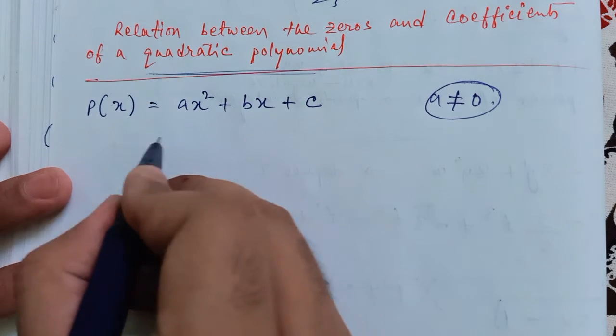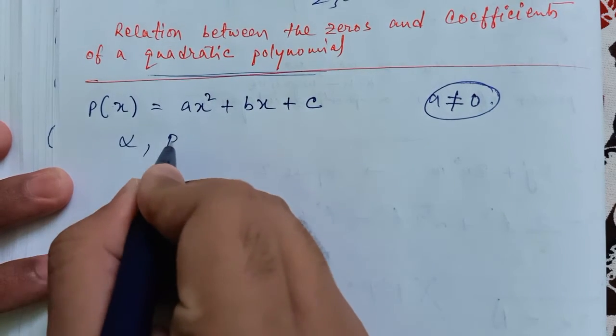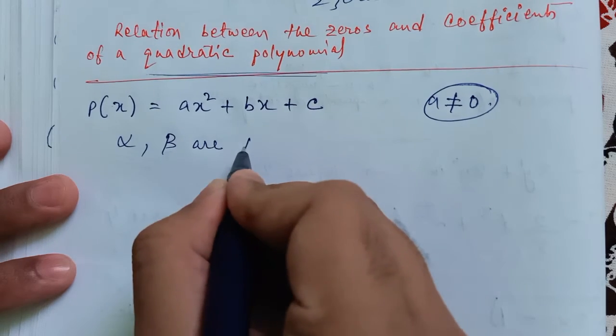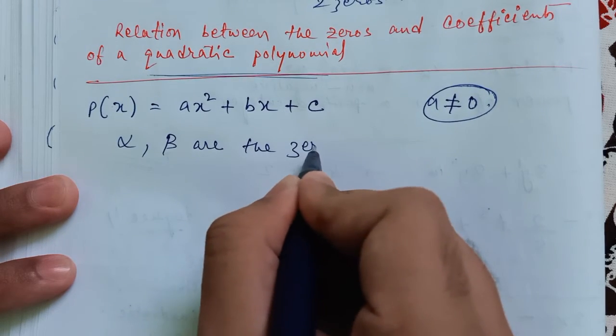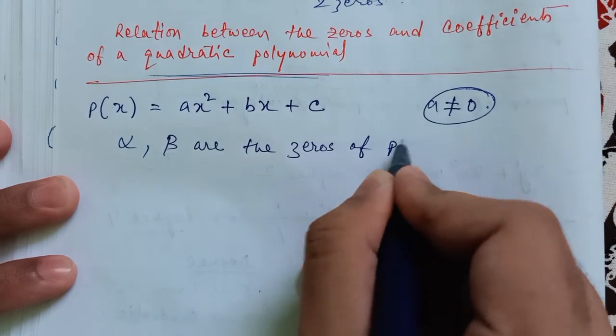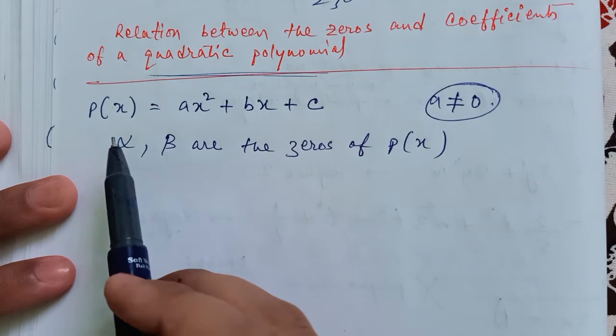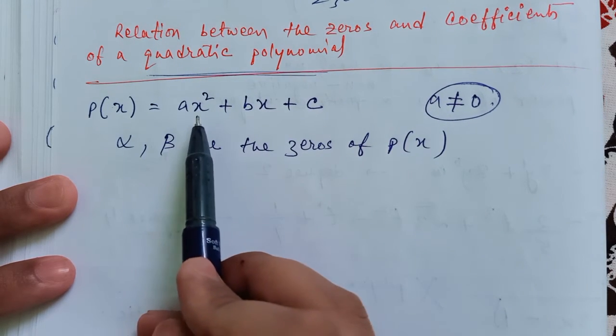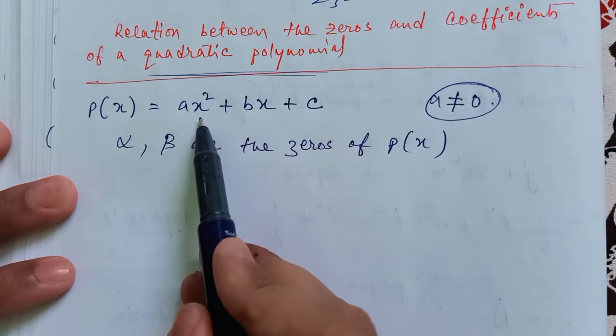Let us say that alpha and beta are the zeros of p(x). I'm assuming that this polynomial will definitely have two zeros because the degree is 2.